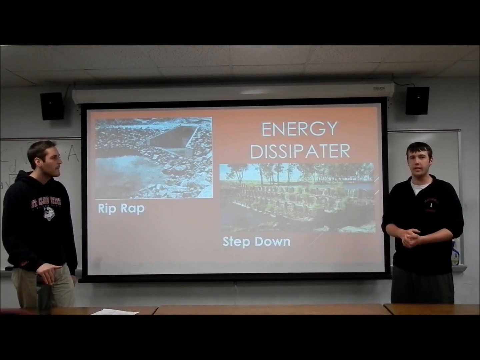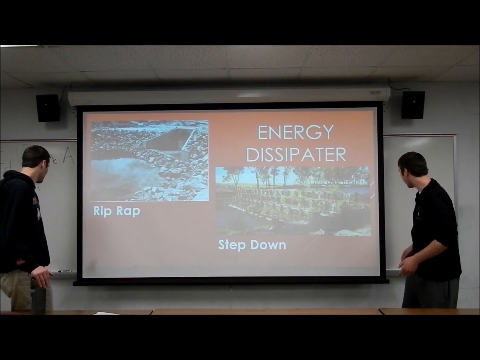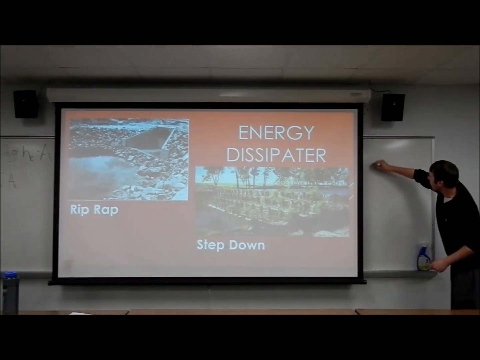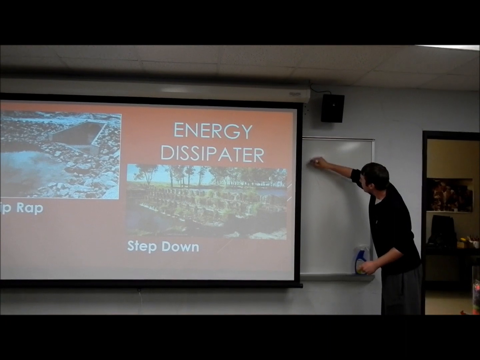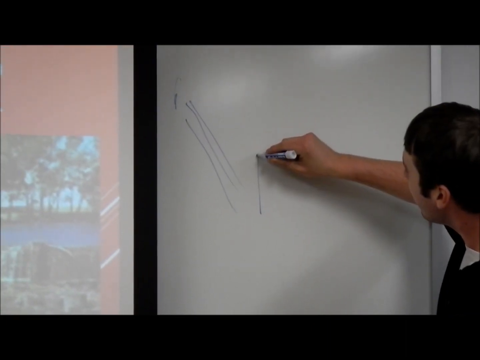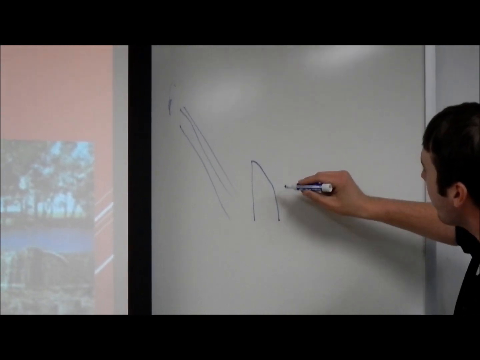It will hit these concrete pillars basically, and they're shaped kind of like this. You get the flow coming down this way from the top of your dam, and you'll have a concrete pillar like that, and there'll be a whole row of them.